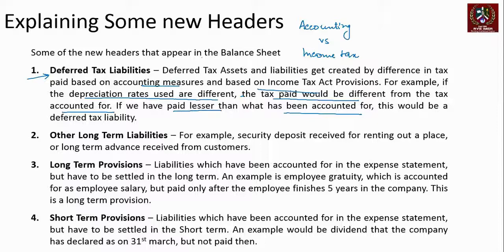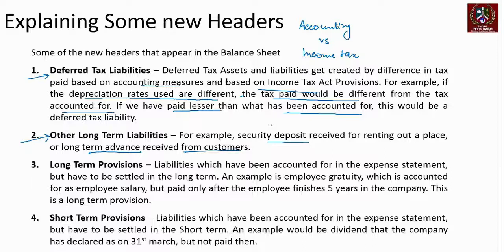Now, let's move ahead and look at some of the other ones, which are other long-term liabilities. For example, a security deposit received for renting out a premise, or long-term advances received from customers. If you received an advance from a customer, that's a liability because you are supposed to give out a service or a good in response to this advance, and because you owe that service to the client, that's a liability, right?